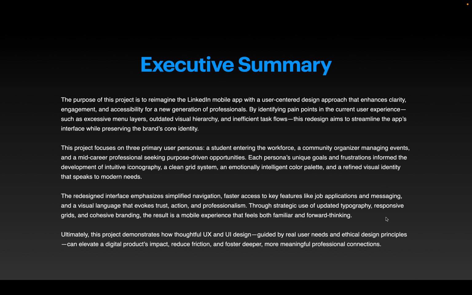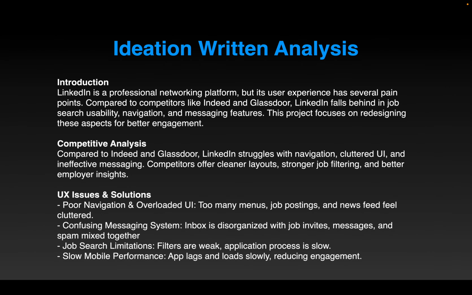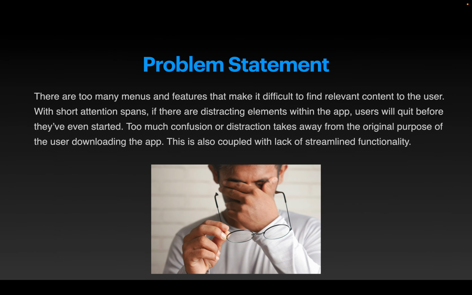So, diving right in, we'll skip through the executive summary and the table of contents, and move to the problem statement as to why I chose the app in the first place.